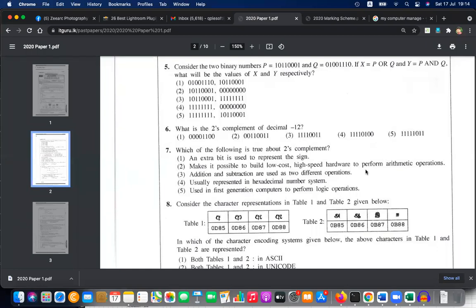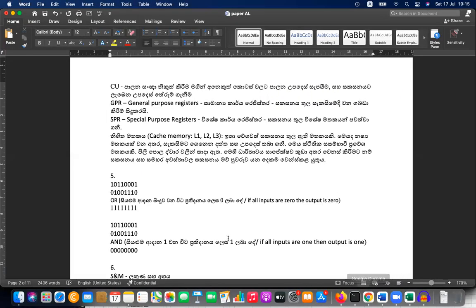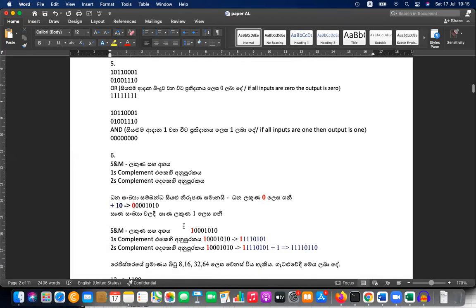First, we should find the 12's binary, and then change it into 8 bits. Change it into 1's complement and add 1. Yes, you have to find the 1's complement. 1's complement means the reverse. First, convert 12 to binary. Exactly correct steps. Very good. You can remember it.